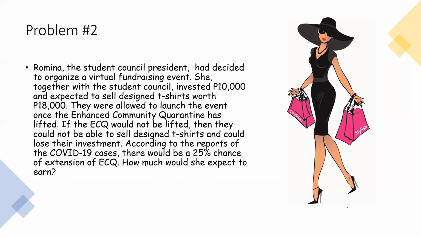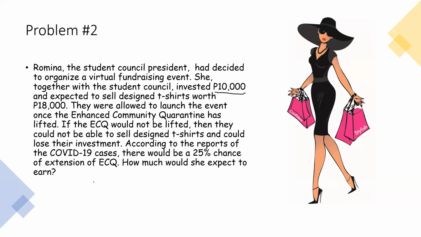So, applicable nito ang pera investment. So, it's a win or lose ito. So, how much did she invest? It's 10,000, right? And how much yung expected na binibenta yung design t-shirts nila, which is 18,000.